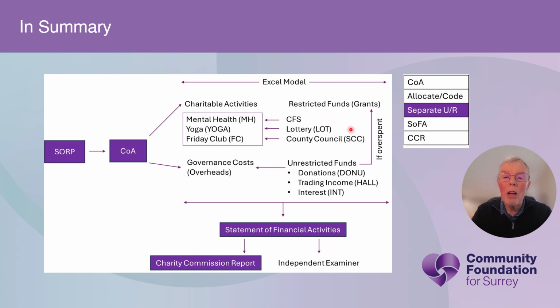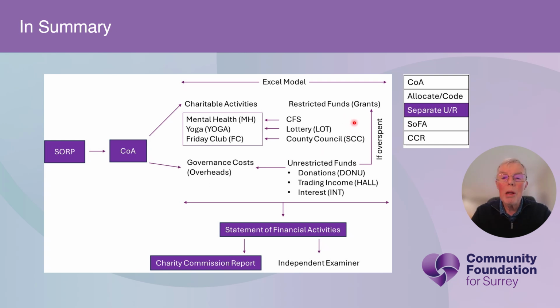And the same applies with the lottery, where we've used a code LOT. And if you've got some county council funds for your Friday club, the Teens Friday Club. Now your overheads, and as I mentioned, we've got 2 videos on the allocation of costs associated with governance or core costs or overheads.